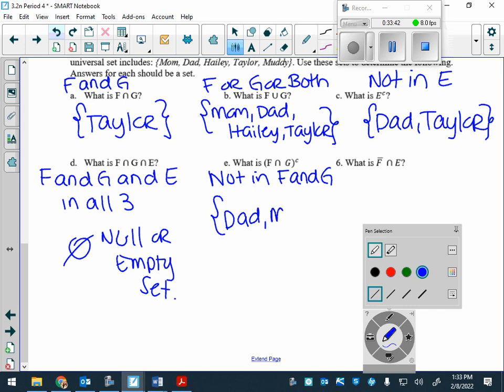Who else? Muddy. Uh-huh. Who else? Yep. Good. So what that is saying is excluding where they're intersecting. Not in F and G means not in this intersection. We're eliminating that name, and it's everybody else.